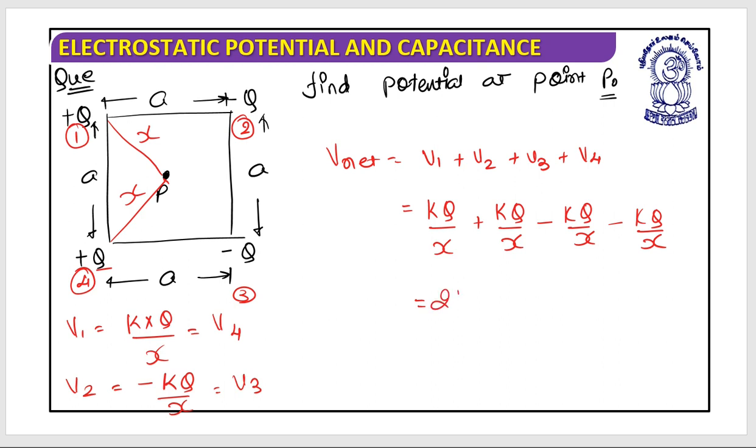So this is 2kq by x minus 2kq by x, and that comes to 0.